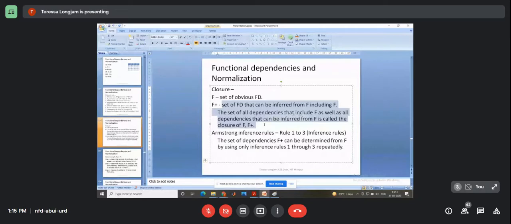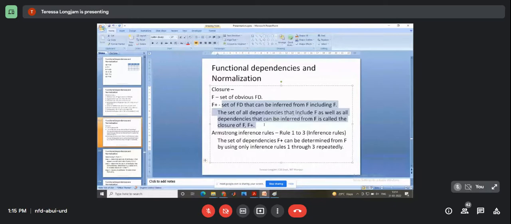The set of all functional dependencies that include F, as well as all dependencies that can be inferred from F, is called the closure of F, which is represented by F plus. This is another formal definition of closure. I told you that by using inference rules, we can determine F plus.